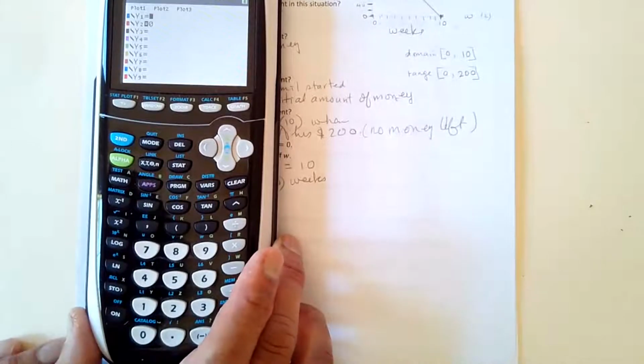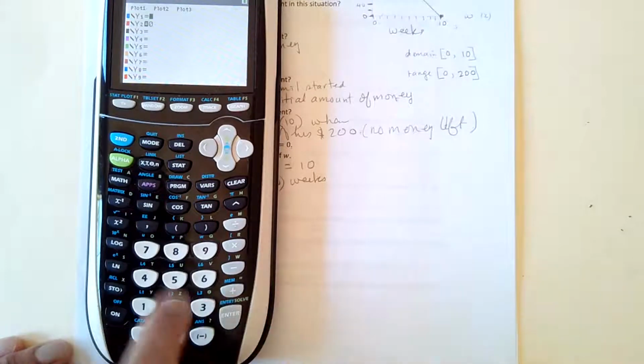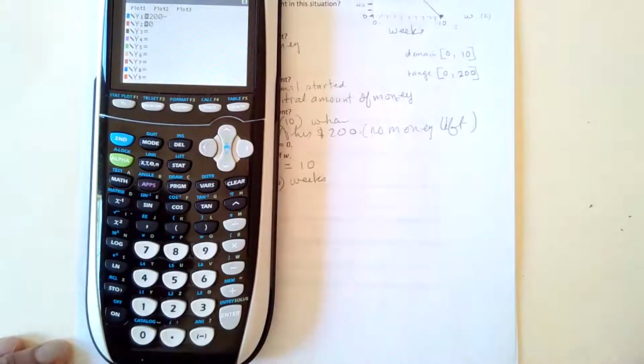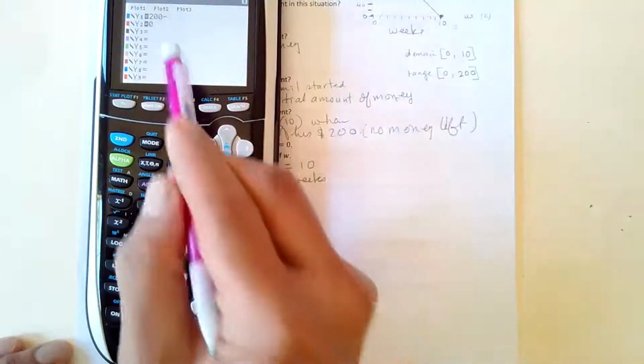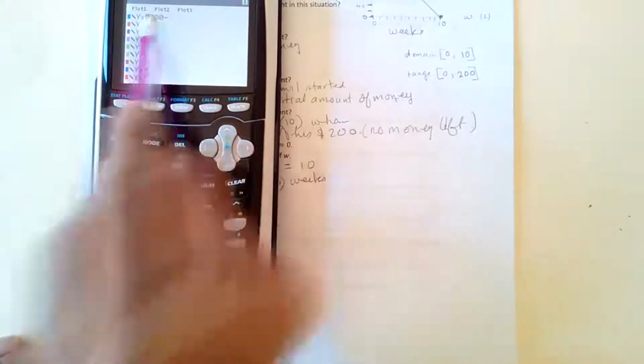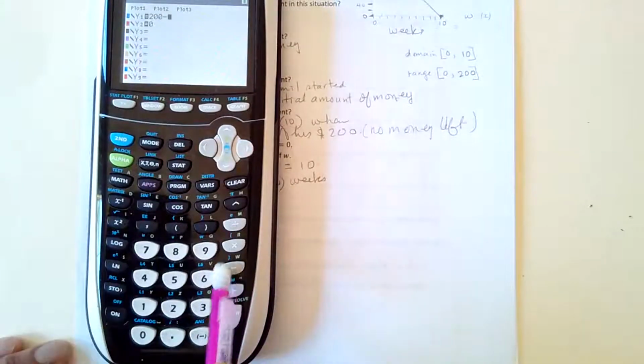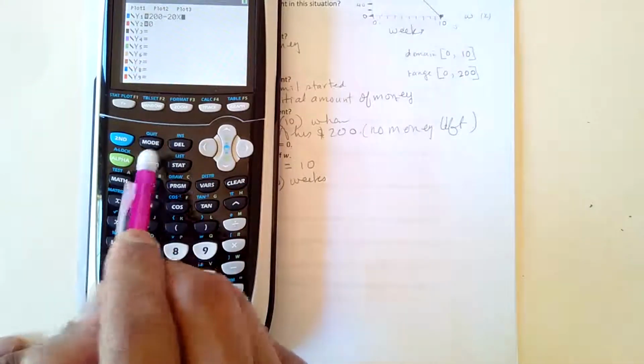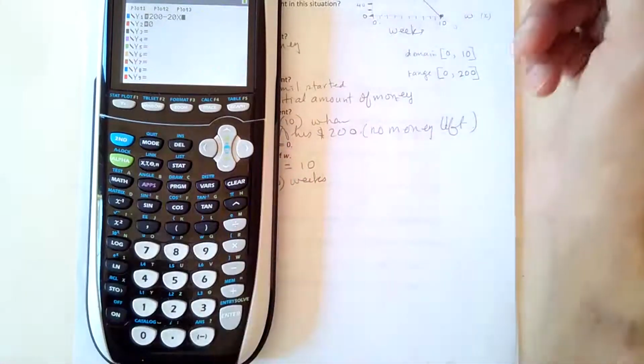I'm going to enter my equation into the calculator, which is 200 subtract 20x. By the way, because the negative sign comes after the y-intercept, I can press the subtract button rather than the negative button.